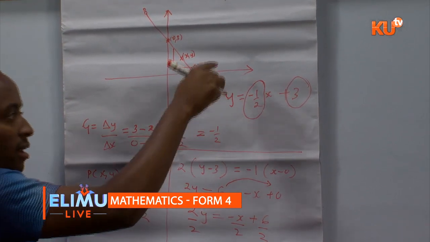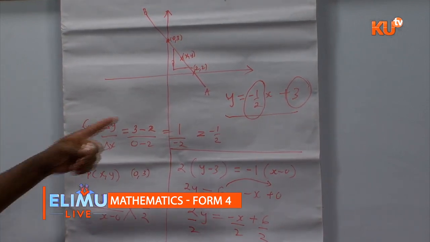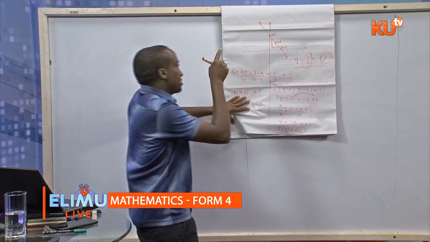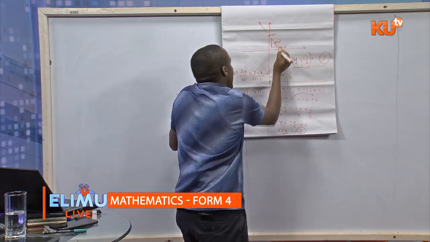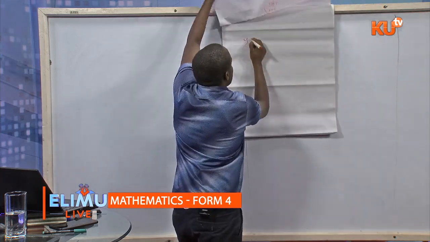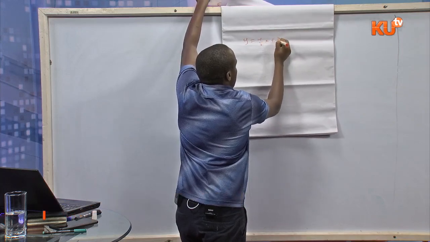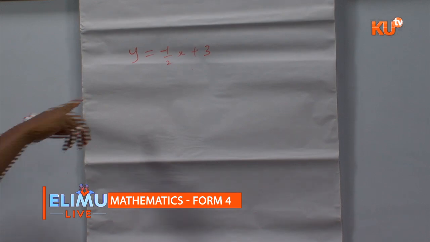How can we find, now, given the equation of a line, I want us to use the same equation. How can we find the x-intercept, where the line cuts the x-axis? Let us use the same equation there. y is equals to negative half x plus 3. So given that in an exam, we are told to find the x-intercept of that line in the Cartesian plane.